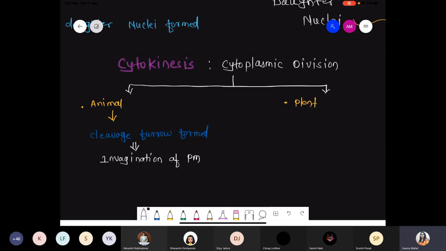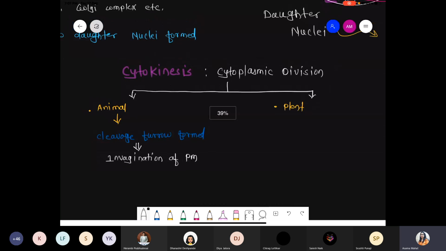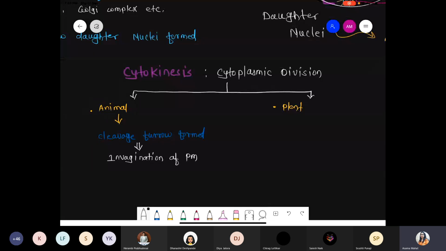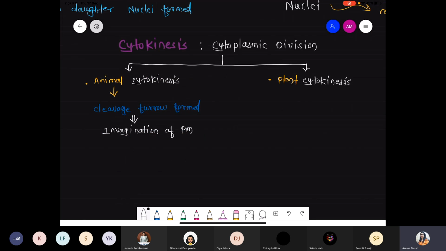We'll see this part during the diagrammatic representation, don't worry. So remember, animal cytokinesis is quite different with respect to plant cytokinesis. In animal cytokinesis, the plasma membrane shows invagination, and this process is called the cleavage furrow.